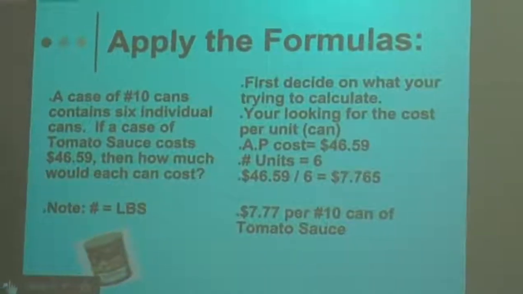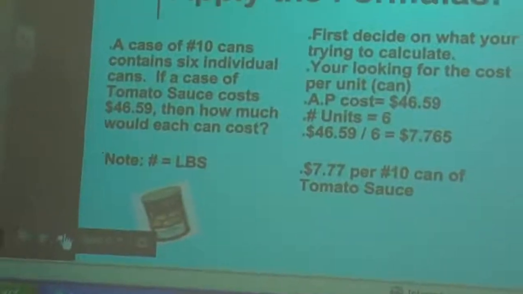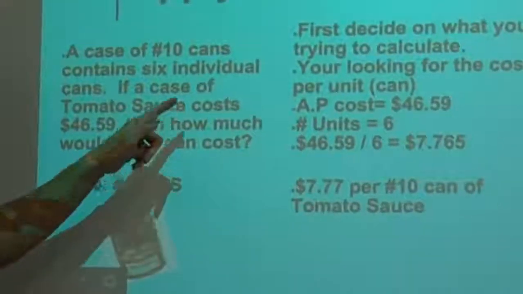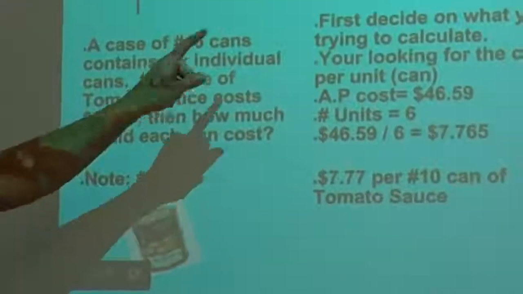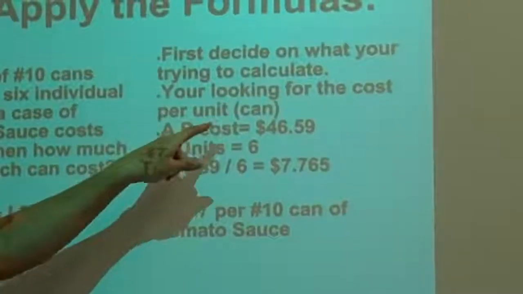So now we're going to apply these formulas. A case of number 10 cans costs $46.59. So how much would each can cost? Okay? So, first decide on what you're trying to calculate. You are looking for the cost per unit, per can.